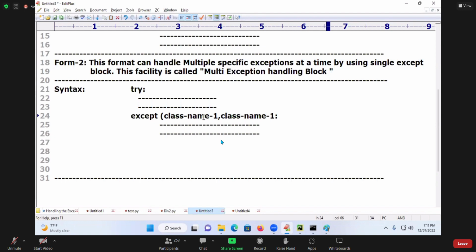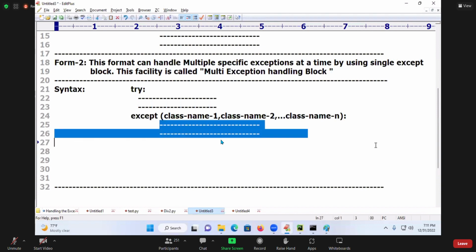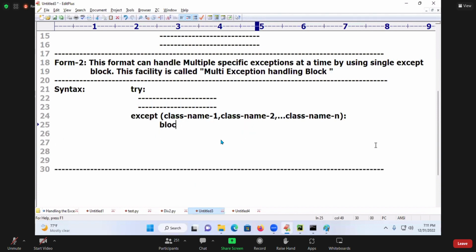You see, try, except, and here I will write exception class name 1, comma, class name 2, comma, class name 3, and so on. What are all the exception class names, I will write all of them.